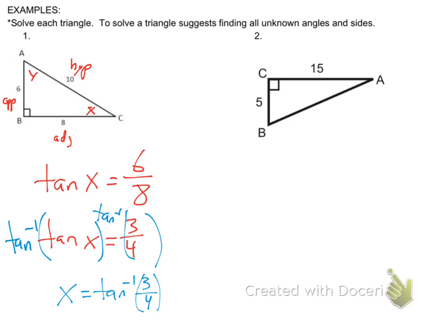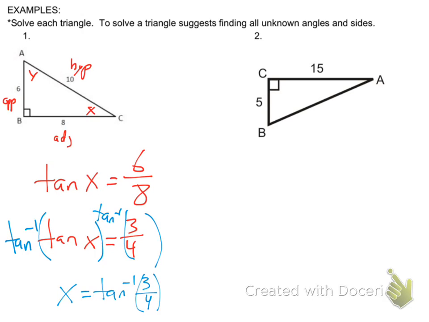And now you type that into your calculator. What is the inverse tangent of 3/4? Now, careful what calculator you're using. If you got a scientific calculator or a graphing calculator, you can actually type in inverse tangent, which is second tan. You should show the tangent with a little -1.